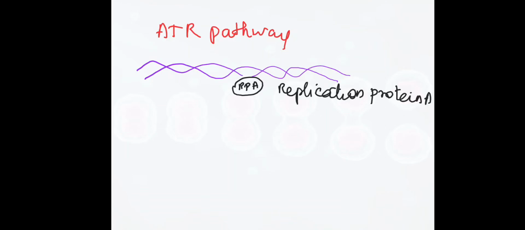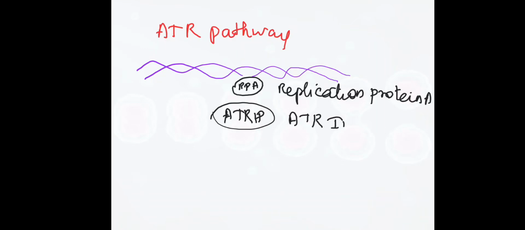RPA binds to the single-stranded DNA generated at the site of a stalled replication fork. With this, another apical kinase, that is ATR interacting protein, or ATRIP.